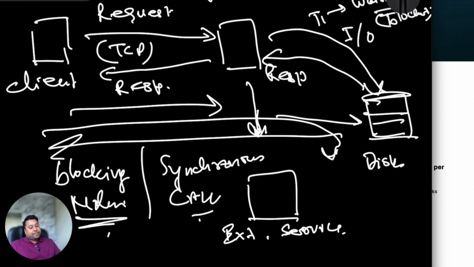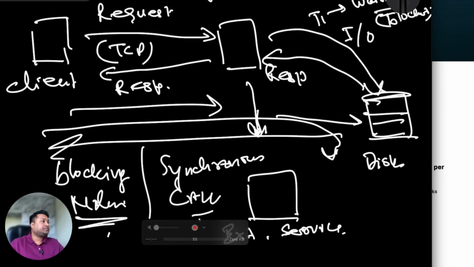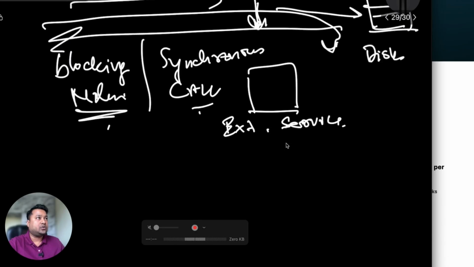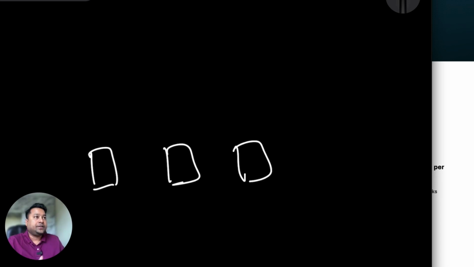Second thing is one worker processor per core. The reason Nginx scales well today is, let's say you have a 3-core CPU.